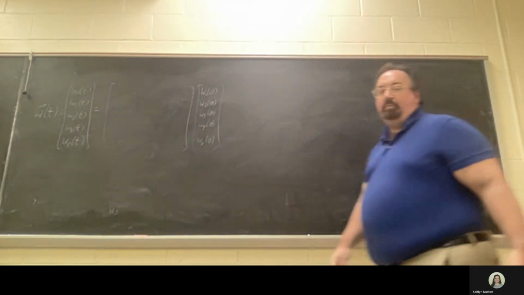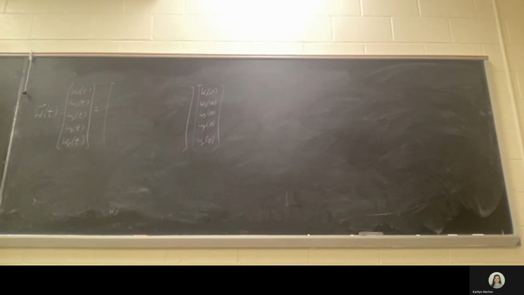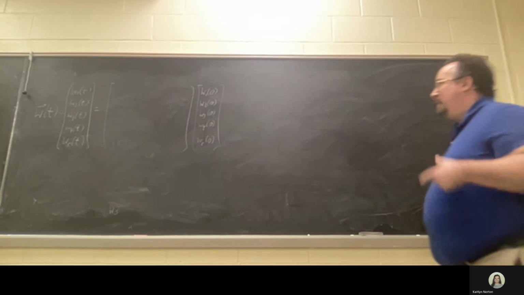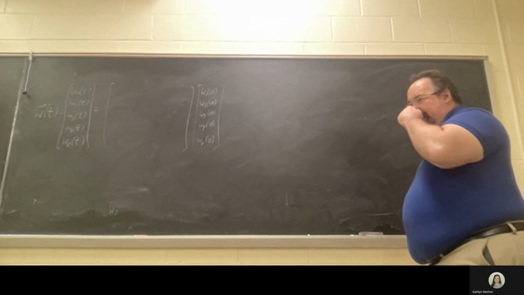So all I can do is look at W1, W2, W3, W4, W5 of t, the formulas we just got, and see what is multiplying each initial value. And that'll tell me what goes in the matrix.